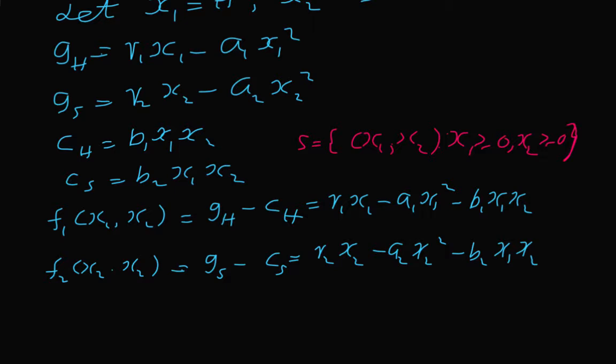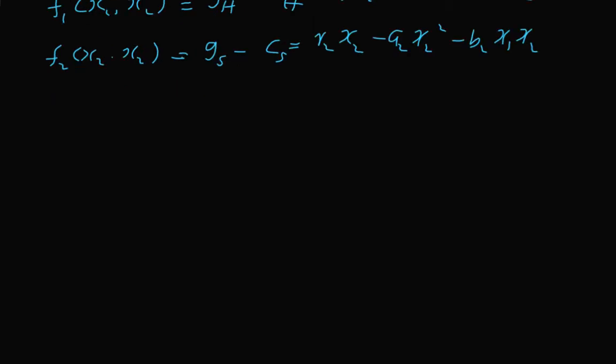Now we have two equations. Next, set these two equal to 0: r1 x1 minus a1 x1 squared minus b1 x1 x2 equals 0. This is the one we discussed under step 2, f1(x1, x2) equals 0.